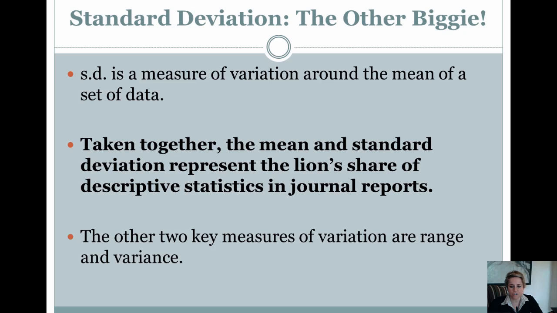The other key measures of variation are range and variance. Now, what I'll show you is that variance is captured in the standard deviation measure. So what you really have to think about beyond that is range, which is the difference between the smallest point of data and the largest point of data.